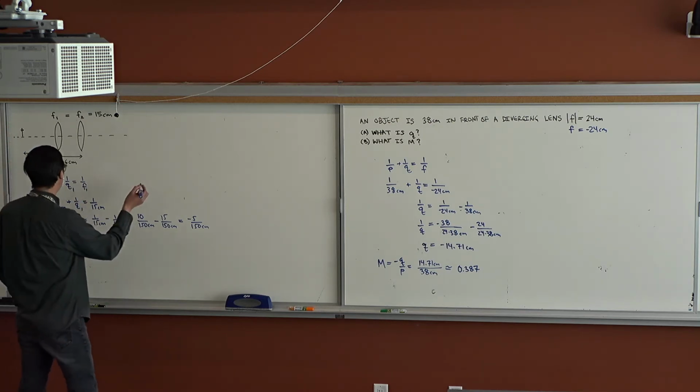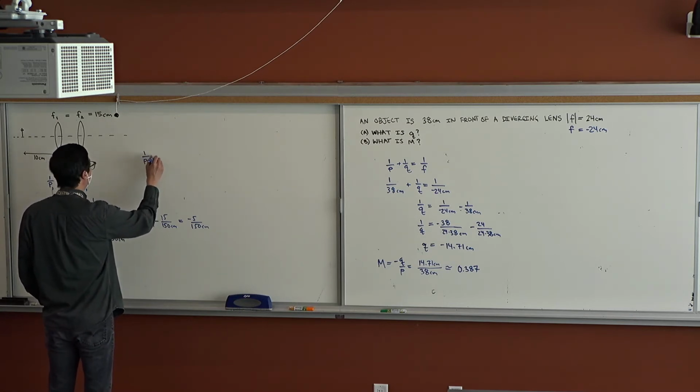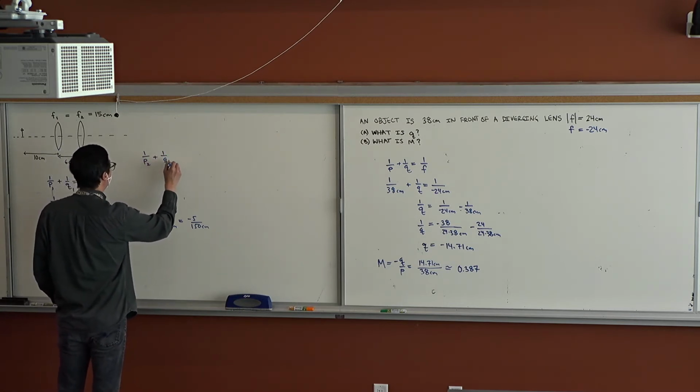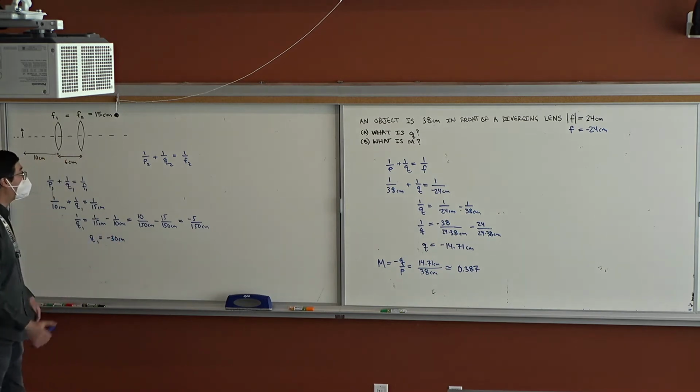But we can use that. So we could say that 1 over P2 plus 1 over Q2 is 1 over F2. And remember that the image for the first lens is the object for the second. So the image for the first lens is 30 centimeters behind the first lens, right, somewhere back here.